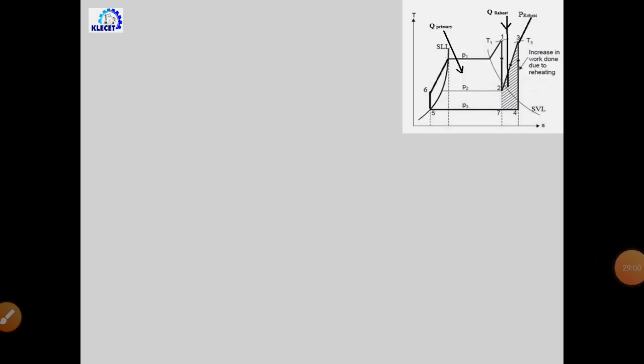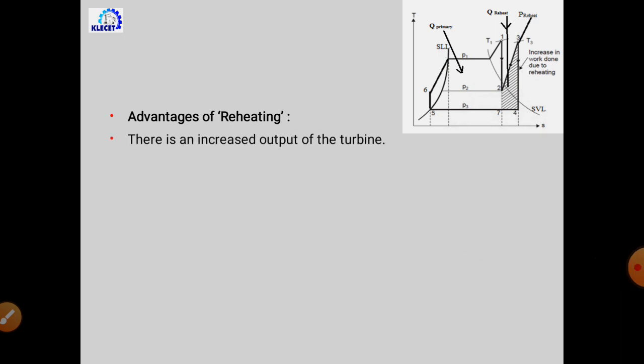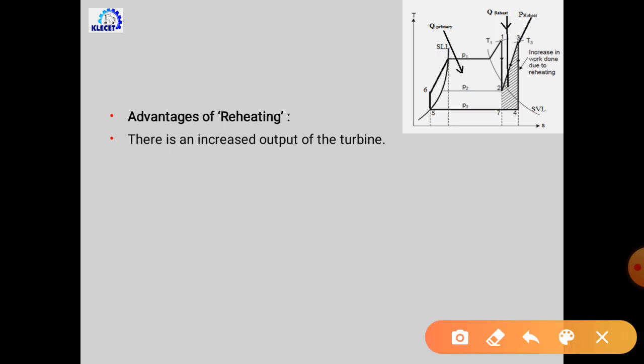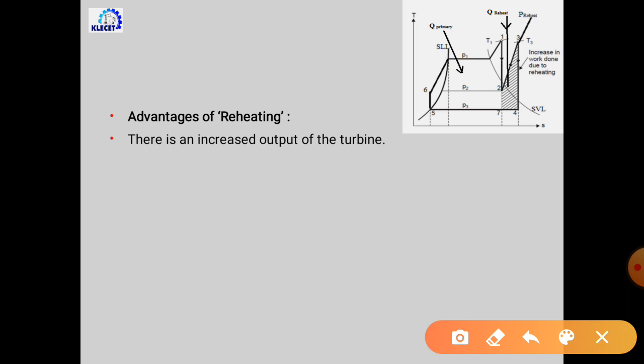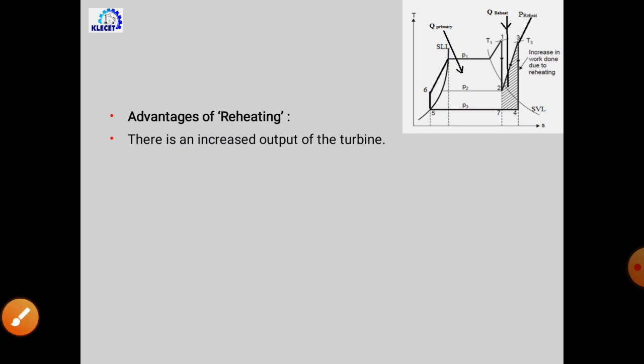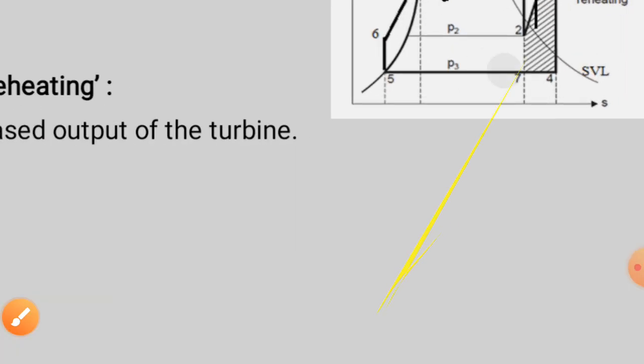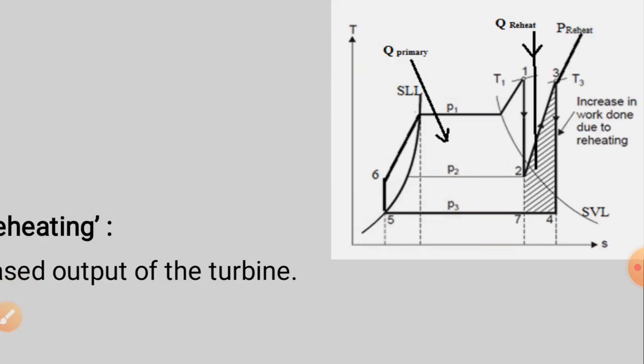So then again, let's understand about advantages of reheating. What is the advantage of reheating process? As you know, the first advantage is there is an increased output from the turbine, that is work is increased. So how has it increased? Let me discuss on the TS diagram.